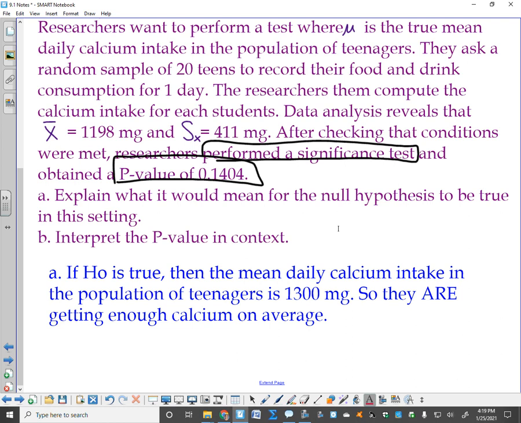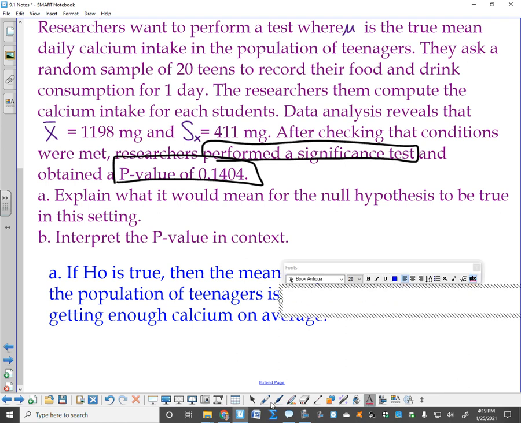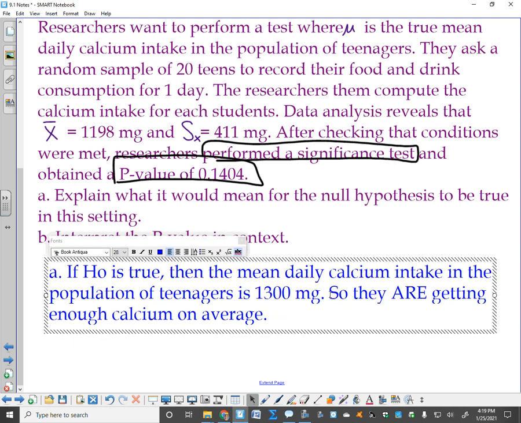Now what that means is they were worried about them not getting enough calcium. This part right here is me putting my Captain Obvious hat on and saying, well, they were worried about them not getting enough calcium, but if H0 is true, everybody just needs to chill out because they are getting enough calcium.